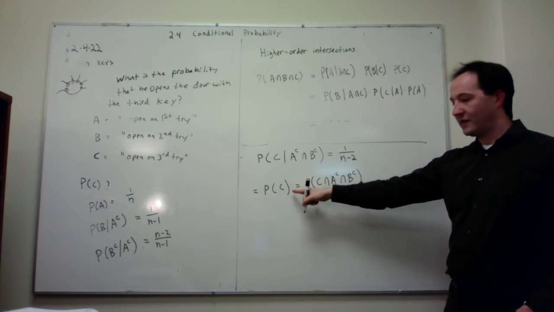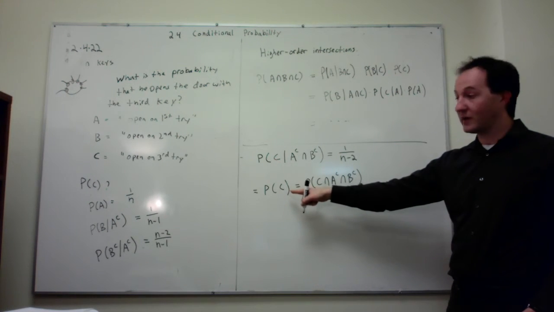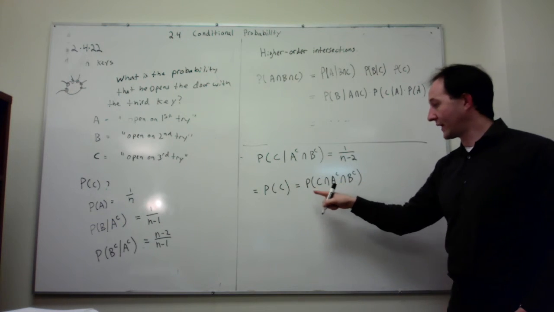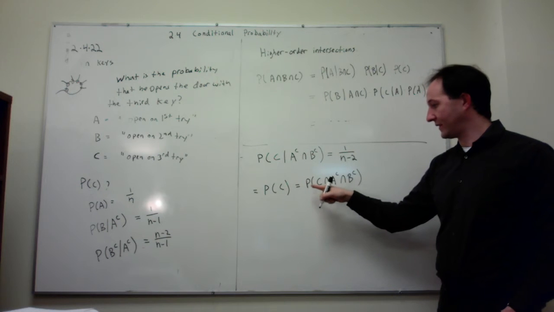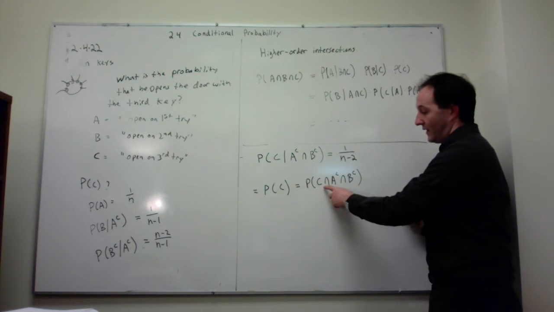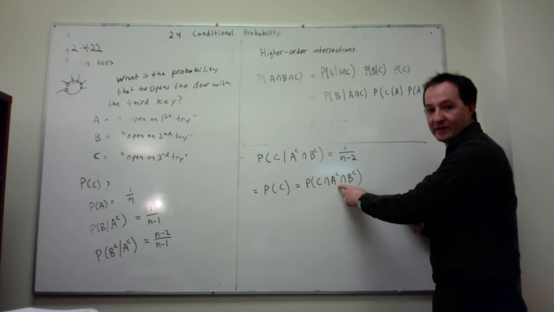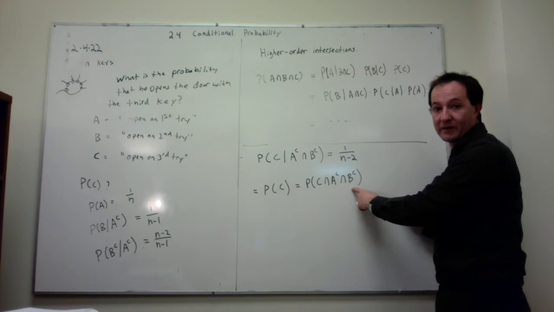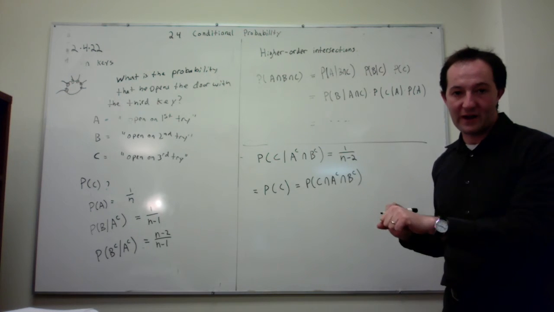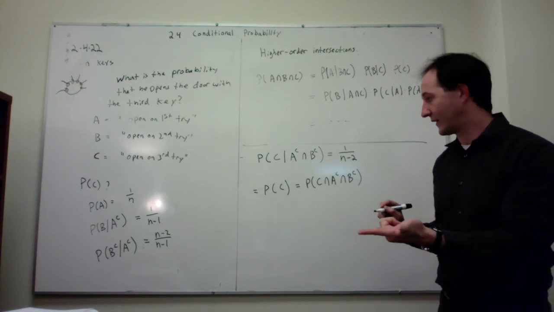C only occurs if A doesn't occur and B doesn't occur. If you think of the Venn diagram, C is going to lie within A complement intersection B complement, because it's only possible to open on the third try if he doesn't open it on the first try or the second try.